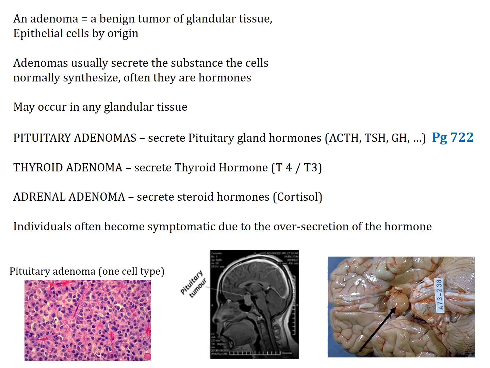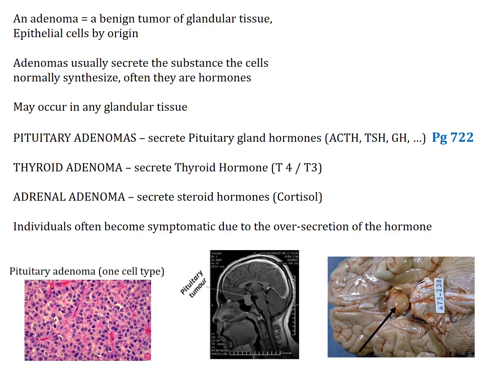Now, what happens with individuals who have these adenomas is they become symptomatic because they're secreting too much of a specific type of hormone. So a thyroid adenoma secreting an excessive amount of thyroid hormone causes that individual to become hyperthyroid. So endocrine pathology is all about too much and too little.